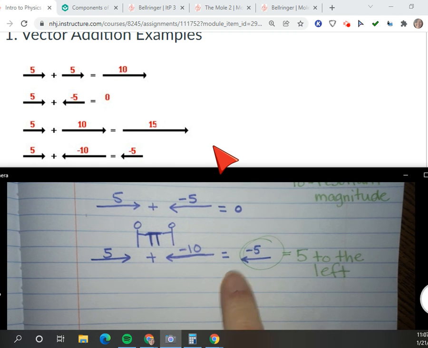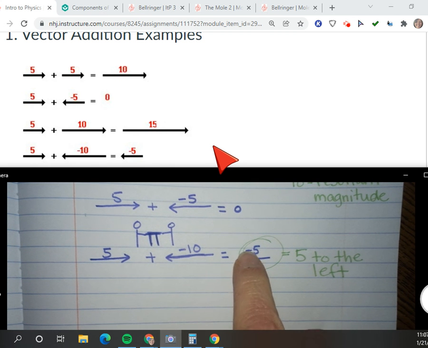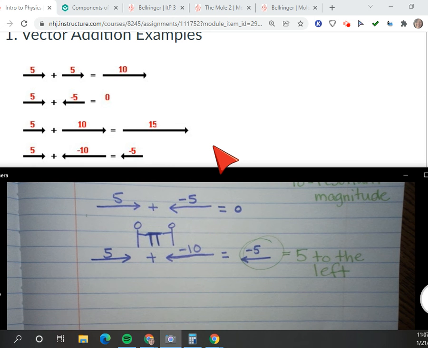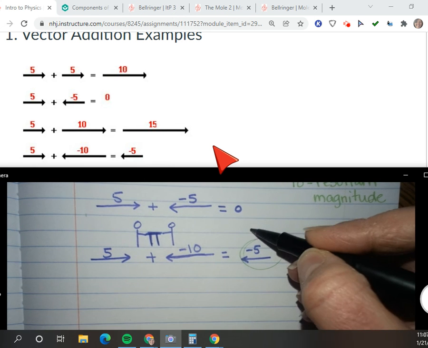Okay, so just because it has a negative number, remember our force, our vector, is still 5. It's still 5 units long. That's the magnitude, that's the size of it. But the direction is negative, so it tells us where our arrow goes. So we might even make a note of that.